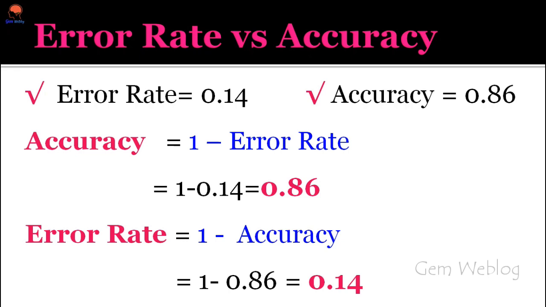If you calculate any one, the other can be calculated using it. Accuracy equals 1 minus error rate, which is 1 minus 0.14, which is equal to 0.86. And error rate means 1 minus accuracy. So 1 minus 0.86 equals 0.14, that we have got. So you can calculate one metric using the other.